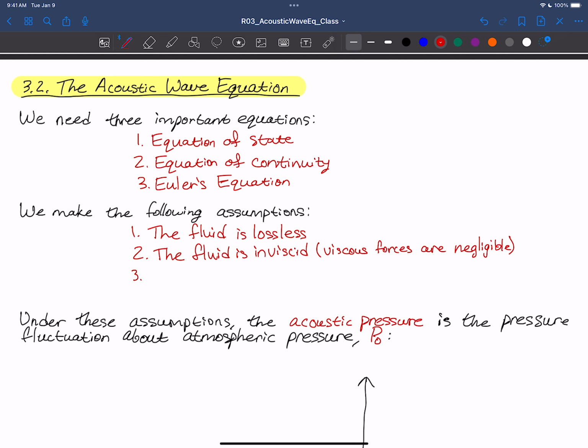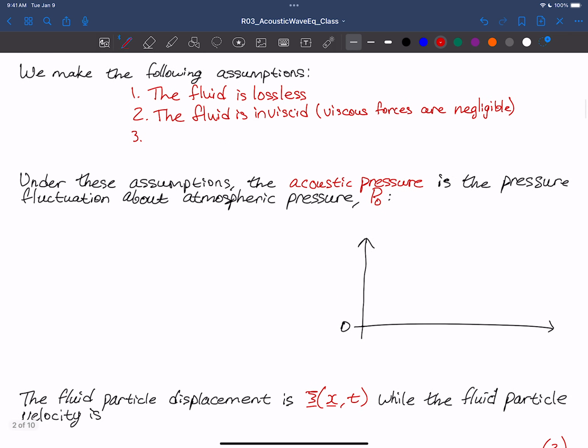The third assumption we're going to make is that of small displacements without a pressure change. And the last assumption we're going to make is that the continuum assumption holds.